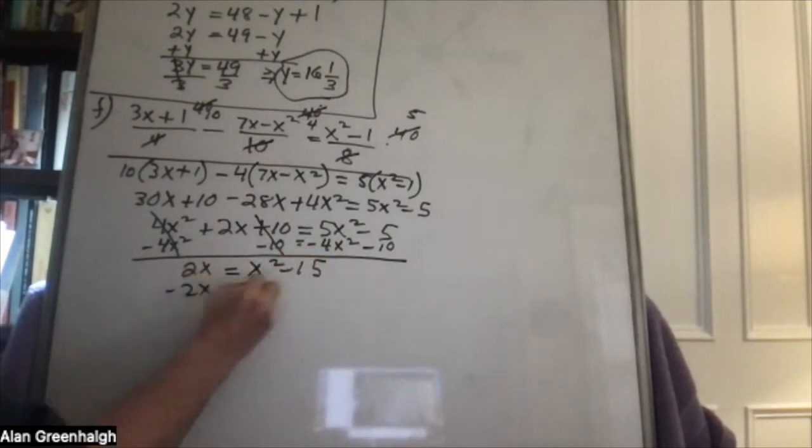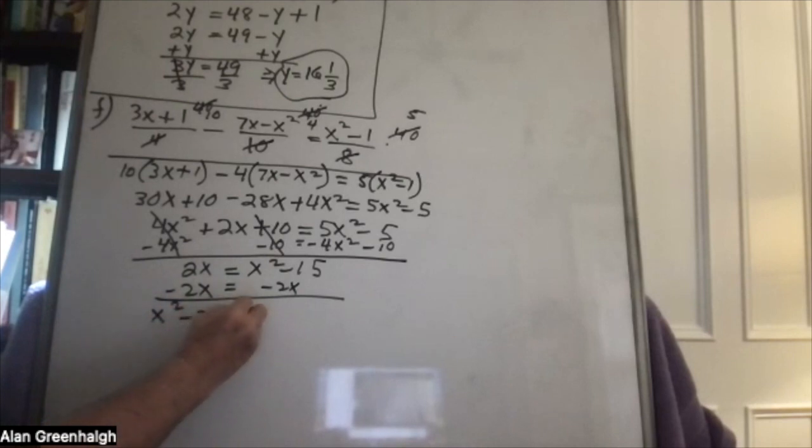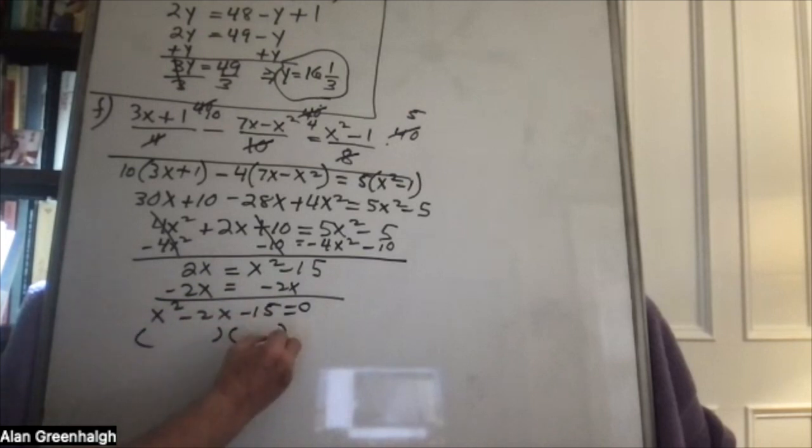Bring over the 2x. And now we can turn it around. X squared minus 2x minus 15 equals 0. Okay. And it turns out we could factor this. Is quite a problem, huh? Negative 3 and positive 5: x equals negative 3, x equals 5.